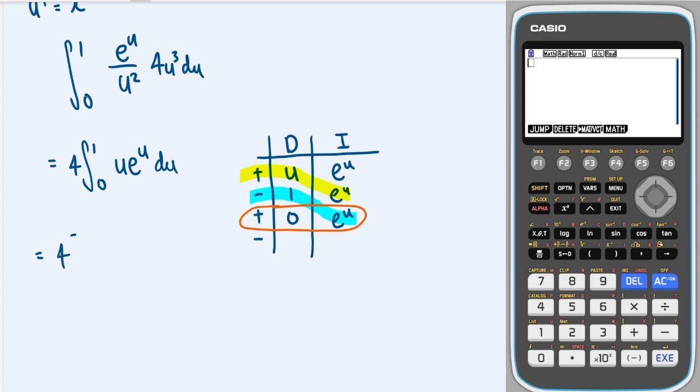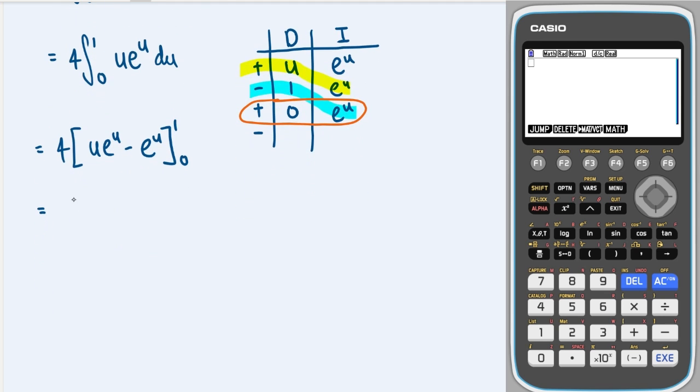So we get 4 lots of u e to the u minus e to the u. When we sub in, we get e minus e, minus, sub in 0, and that's 0, and that's minus 1. So that's 0, and that's positive 1, so it's just 4.